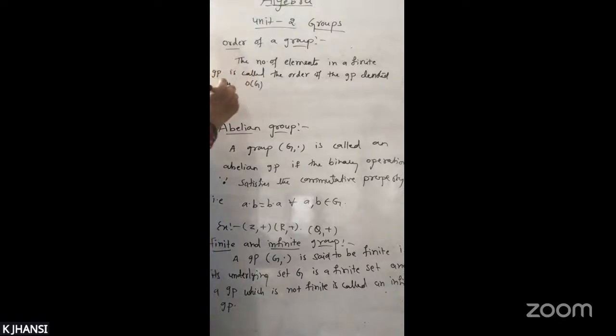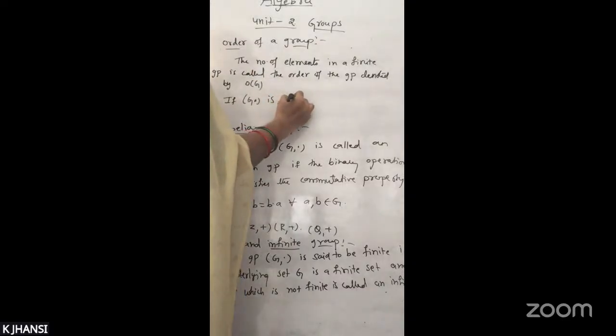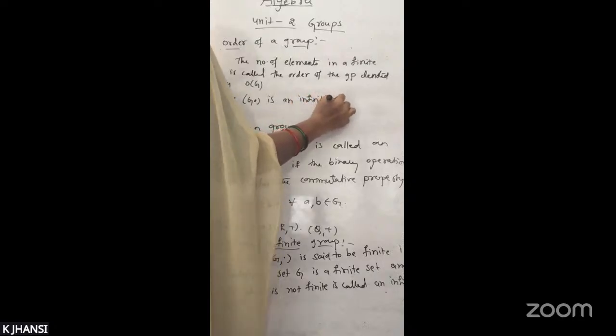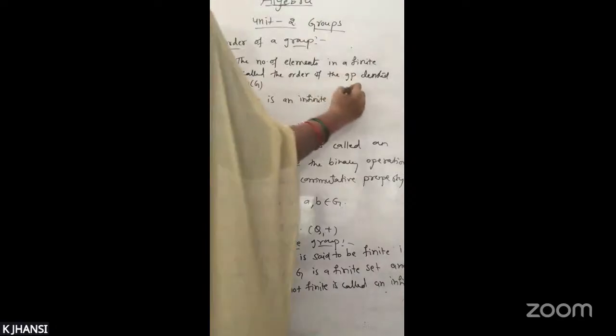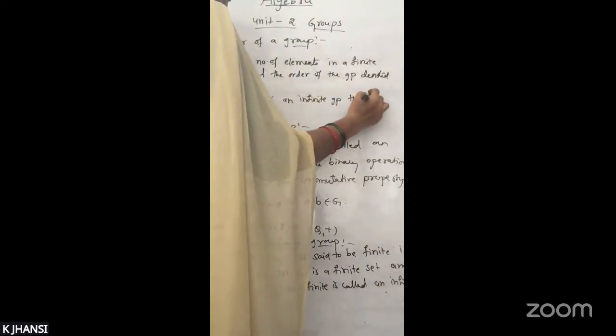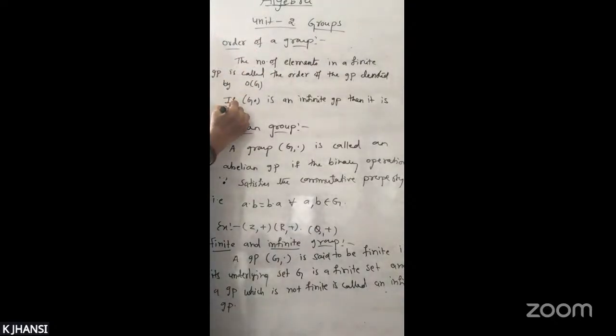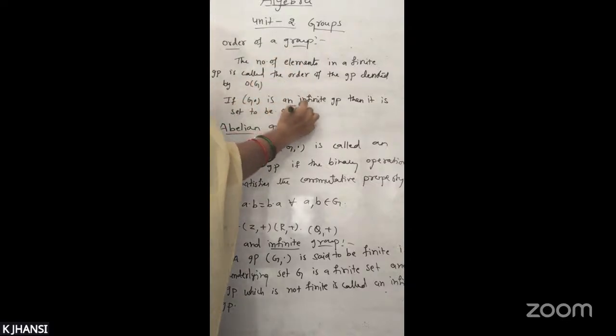If (G, ·) is an infinite group, then it is said to be of infinite order.